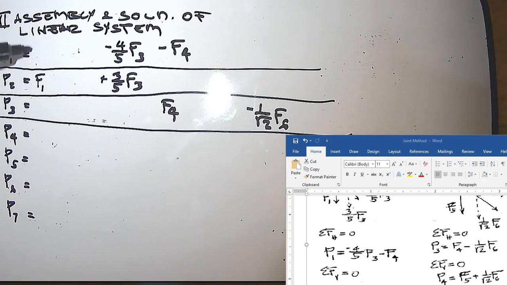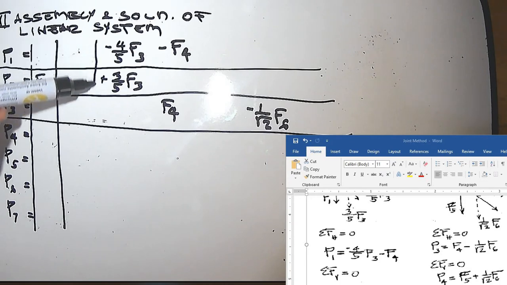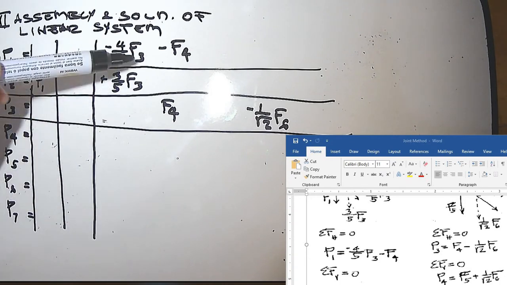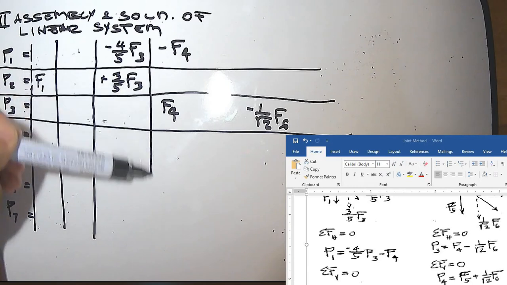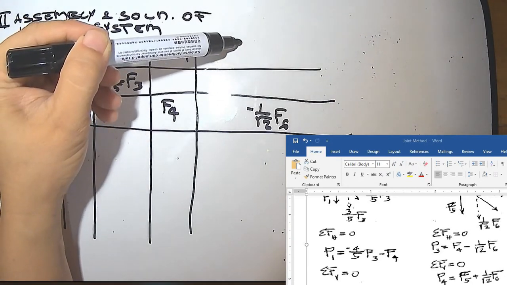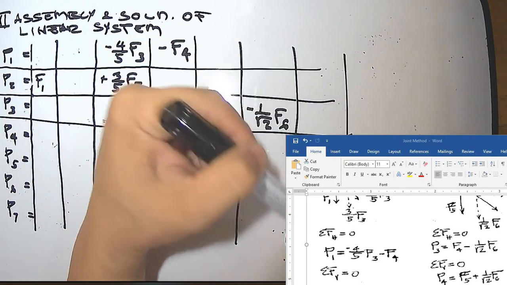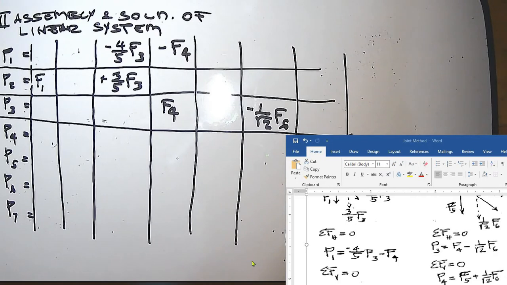So, lagay ako ng line dito. Then, this is about F2, tapos F3, F4, F5, F6, finally F7.